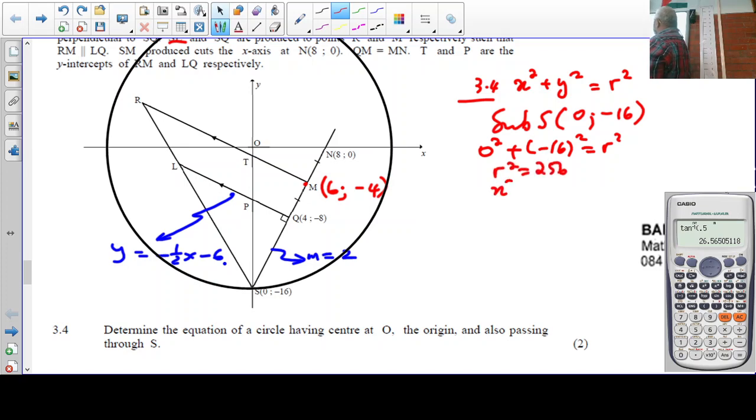So we got x squared plus y squared is equal to 256. Otherwise, we could have also noted that your radius is 16. So 16 squared is 256. That's why they give you 2 marks for that sum.